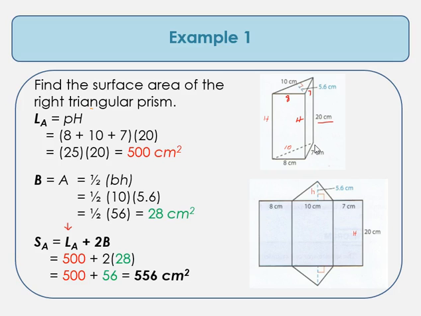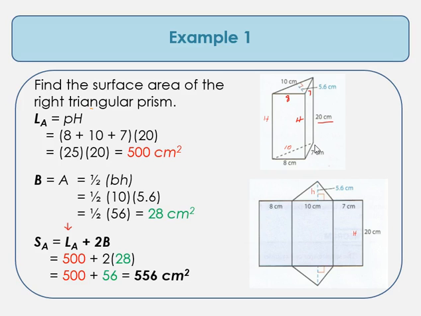So we have a triangle, and this is a simple triangle we're going to find area for. And they've actually given us the measurement of the height, which is 5.6 centimeters. And we have the base of the triangle, which is one of the sides of this prism. So 1/2 times 10 centimeters times 5.6 centimeters is 1/2 of 56, which is 28 centimeters squared.